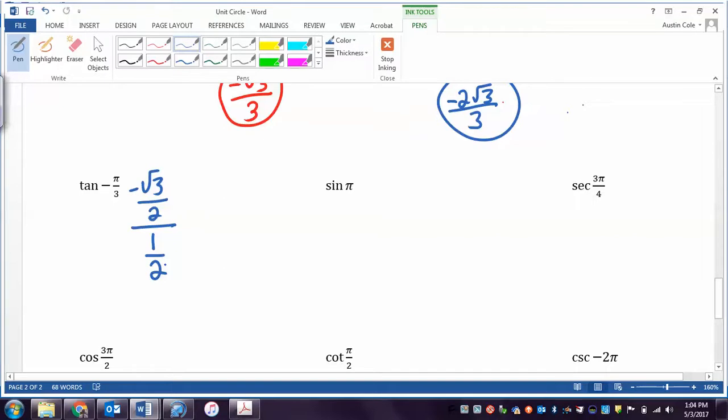Dividing by a fraction, you multiply by the reciprocal, which means I'm really multiplying by 2 over 1, which is just 2, right? The 2's cancel because they're opposing. So tangent of negative pi over 3 is just negative square root of 3. Okay, so if it's negative like that, you need to find the reference angle. All right, good question.